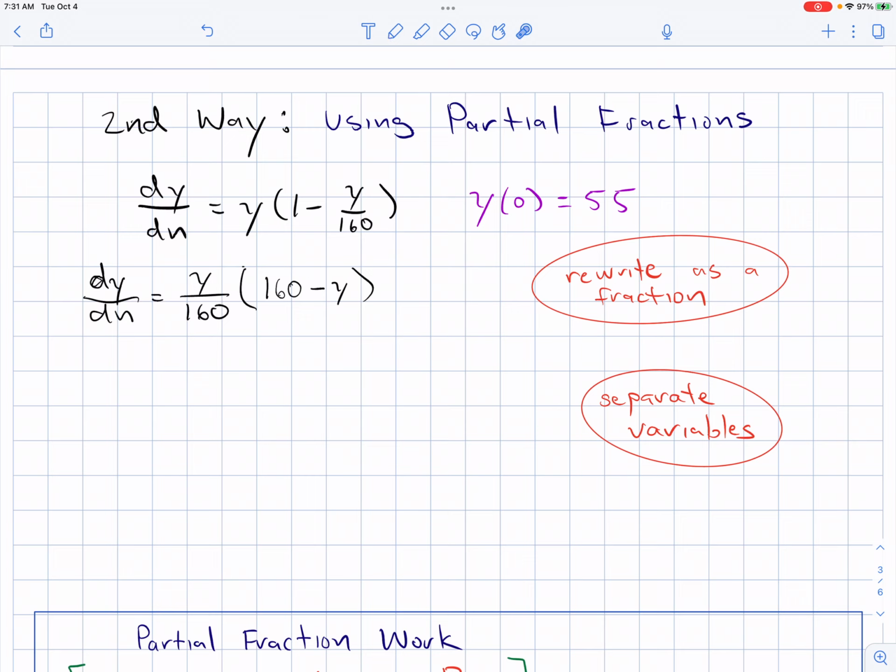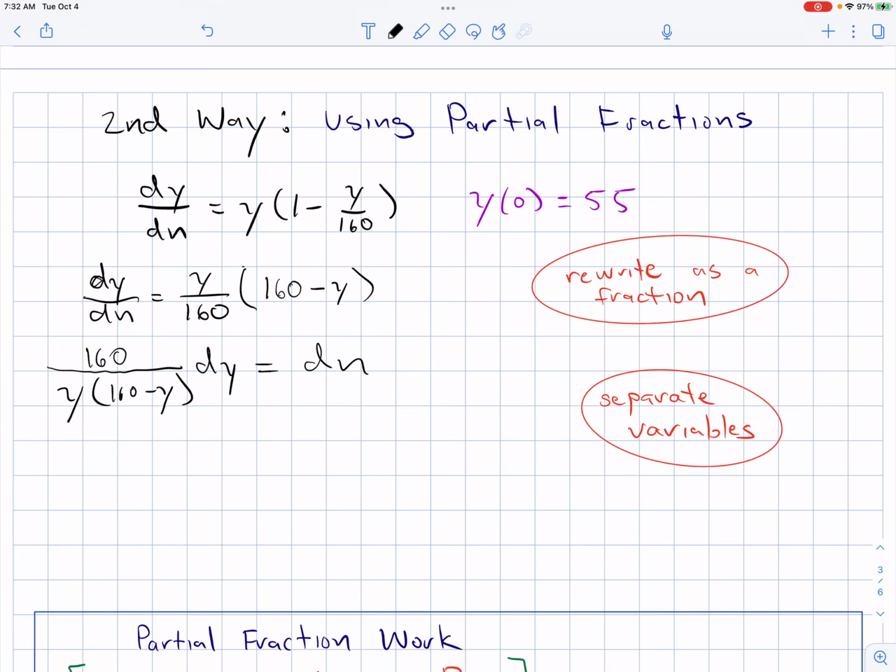As I mentioned, that's the method we're going to essentially use. So separating the variables, if you get the y's on one side and the dn on the other, that's really all we can do. We're going to end up with 160 over y times 160 minus y dy on the left side, and then that's equal to dn on the right side.